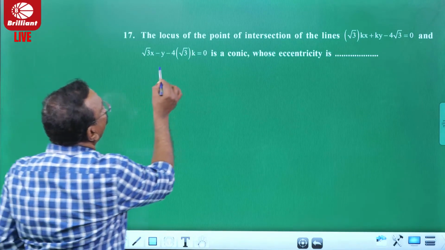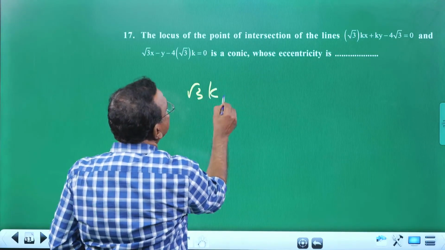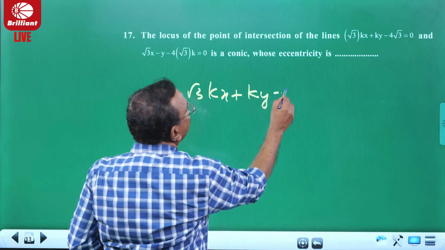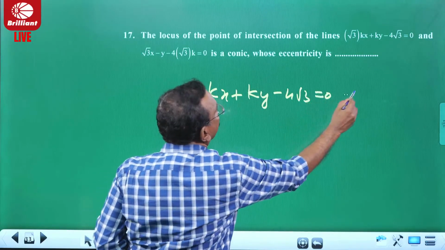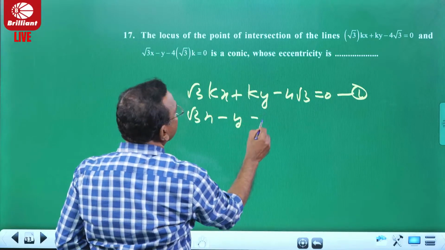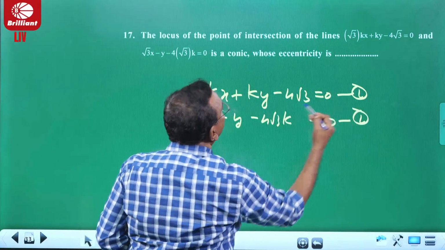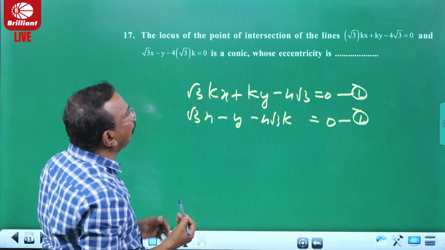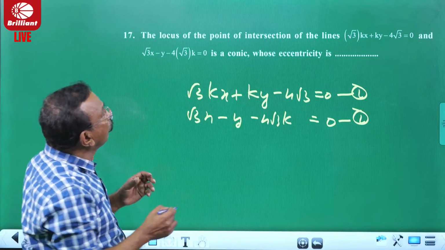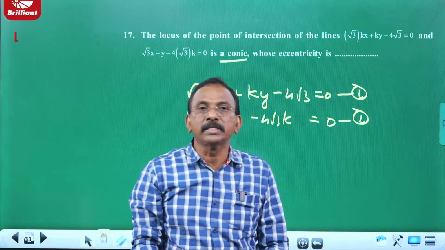That is actually the locus of the point of intersection of root 3 kx plus ky minus 4 root 3 equal to 0, equation number 1, and at the same time root 3x minus y minus 4 root 3 k equal to 0, equation number 2. To find the conic, you can eliminate the parameter which is given to you.